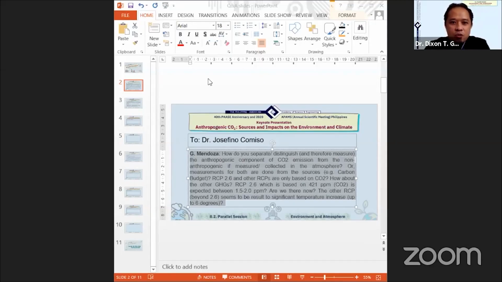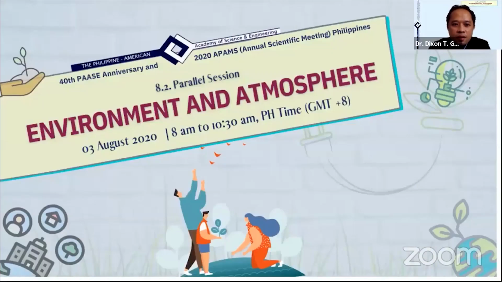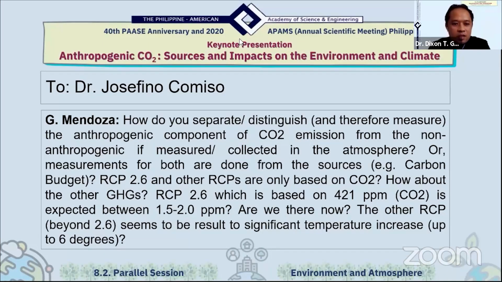Okay, this question goes to Dr. Comiso. All right, this is from Dr. Mendoza of UP Los Baños. Dr. Comiso, how do you separate or distinguish and therefore measure the anthropogenic component of CO2 emission from the non-anthropogenic measured or collected in the atmosphere?